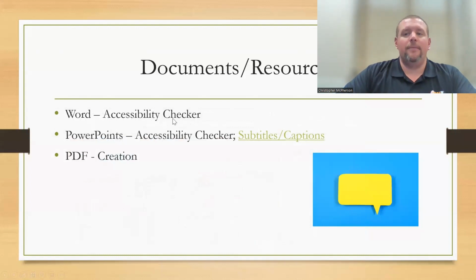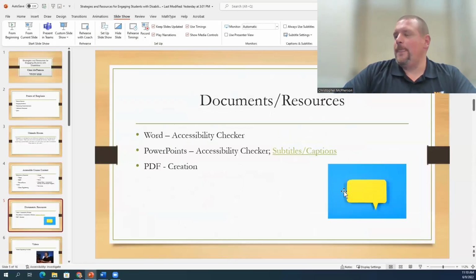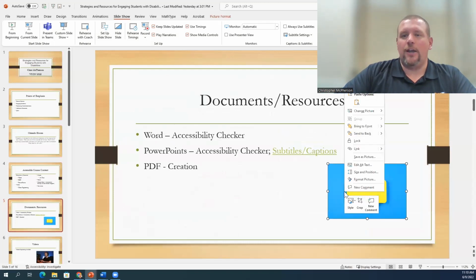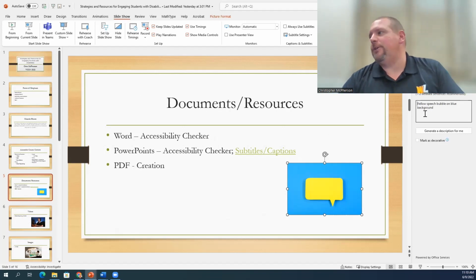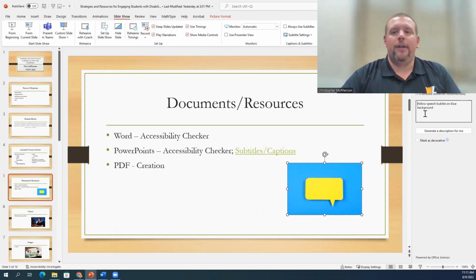Now, there are some stock images. If I go to the stock image that I put in for this PowerPoint, you'll see you have an edit alt text option. This is a stock image from PowerPoint that I just inserted. You'll see this already had alt text associated with it, very simply explained: yellow speech bubble on blue background.